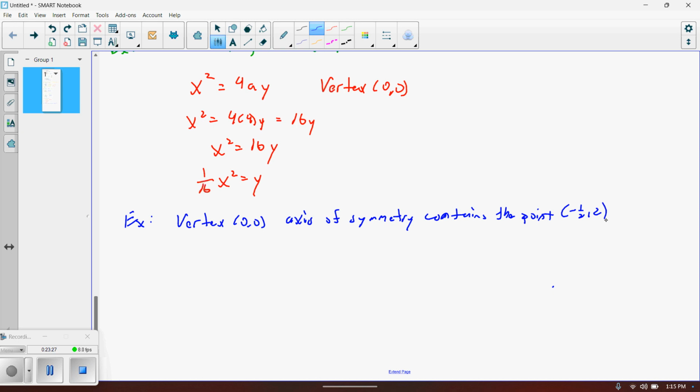And what we want to find is the focus and the directrix, and then the actual equation.